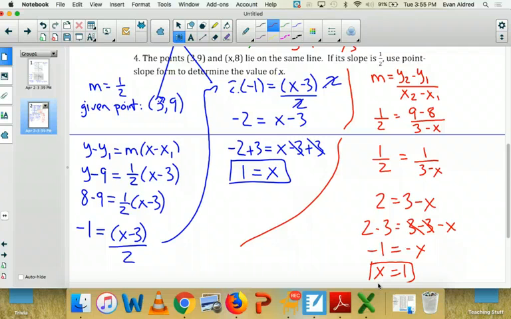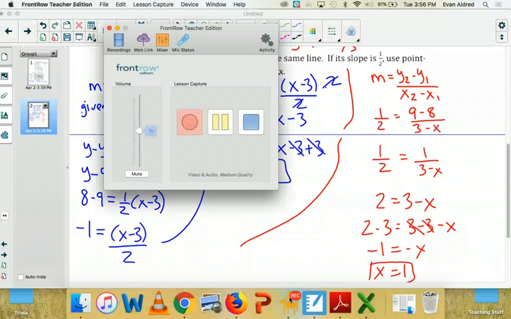Again, both of those ways are valid. Since the question asks us to use point-slope form, that's what's done in blue. But if it didn't say to use point-slope form, then you could have just used your formula for slope. Those 4 questions are further extensions of point-slope form. There are others, but that gives you some insight into other ways that this can be used.